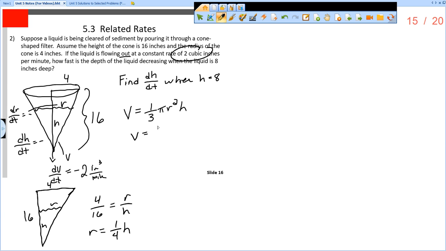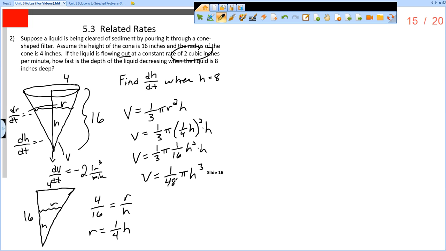Our volume equation is then 1/3 pi times r, which is 1/4 h squared, times h. Now we want to simplify that. 1/3 pi, 1/4 squared is 1/16, h squared times another h. Then 1/3 times 1/16 is 1/48 pi times h cubed.